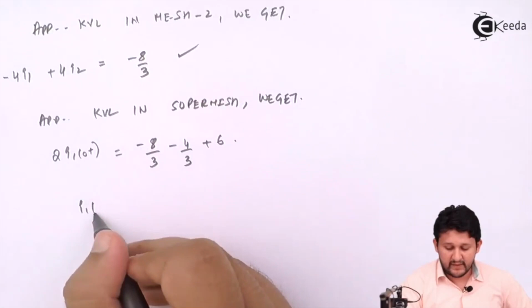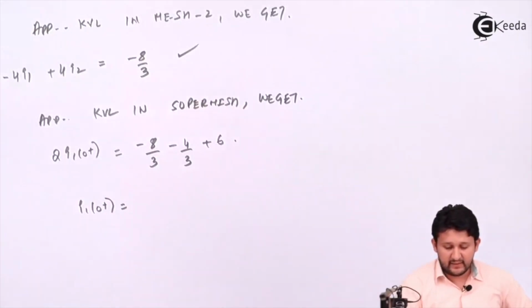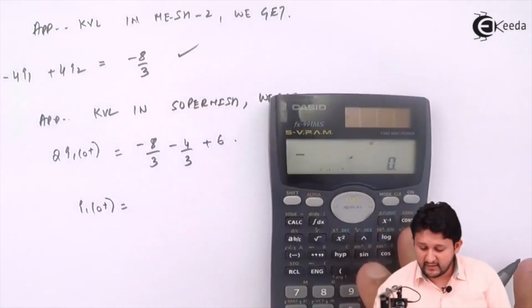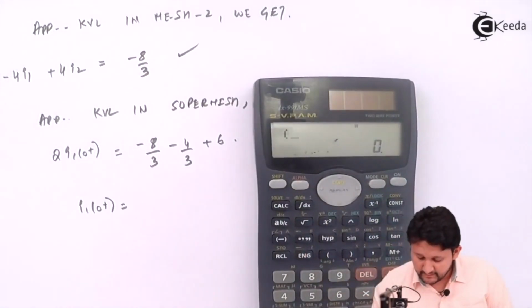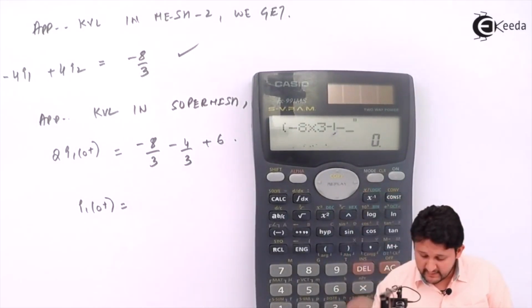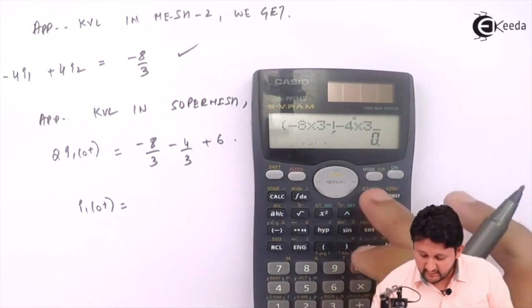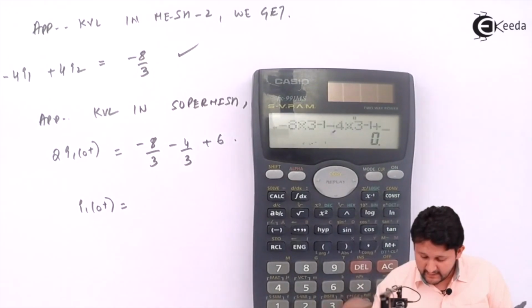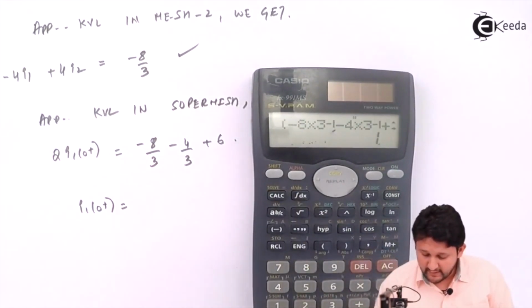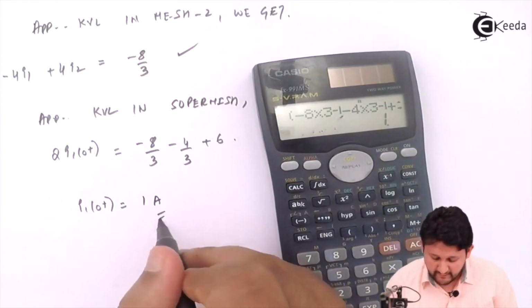Over there you will be getting the value for I1 directly, which you can calculate as bracket minus 8 into 3 inverse minus 4 into 3 inverse plus 6 bracket close divided by 2. The value which you got is 1 ampere.